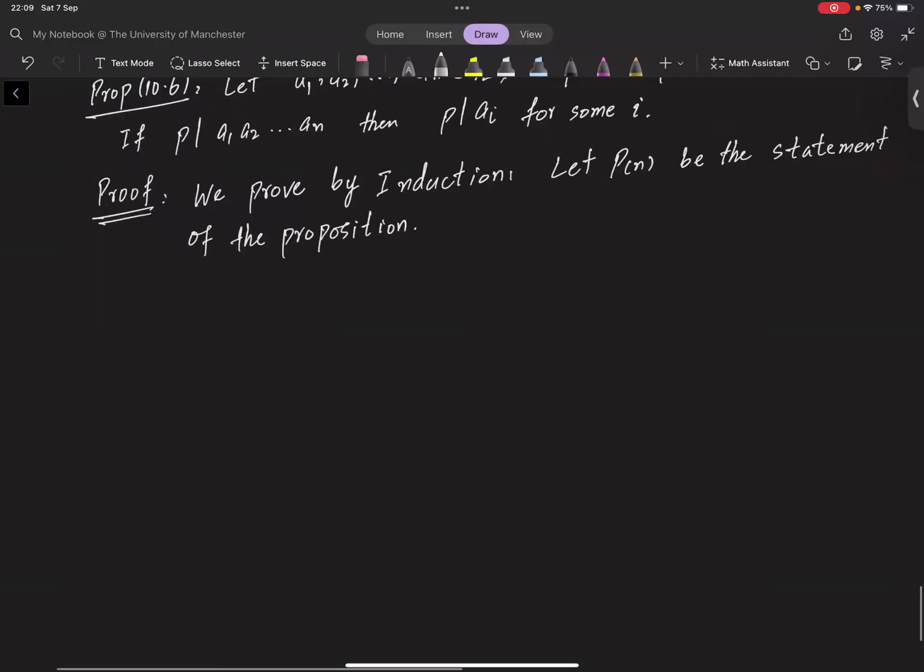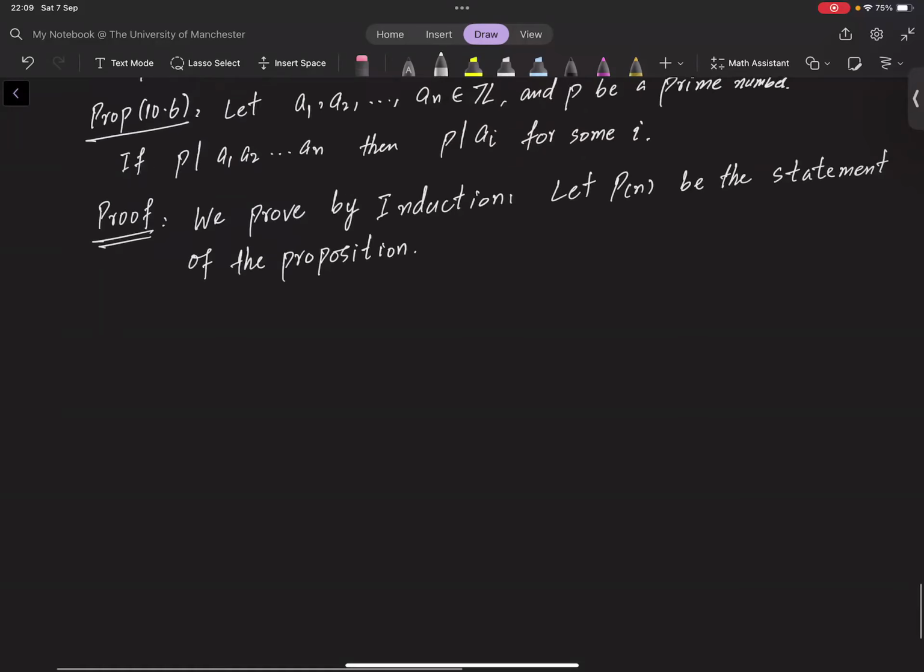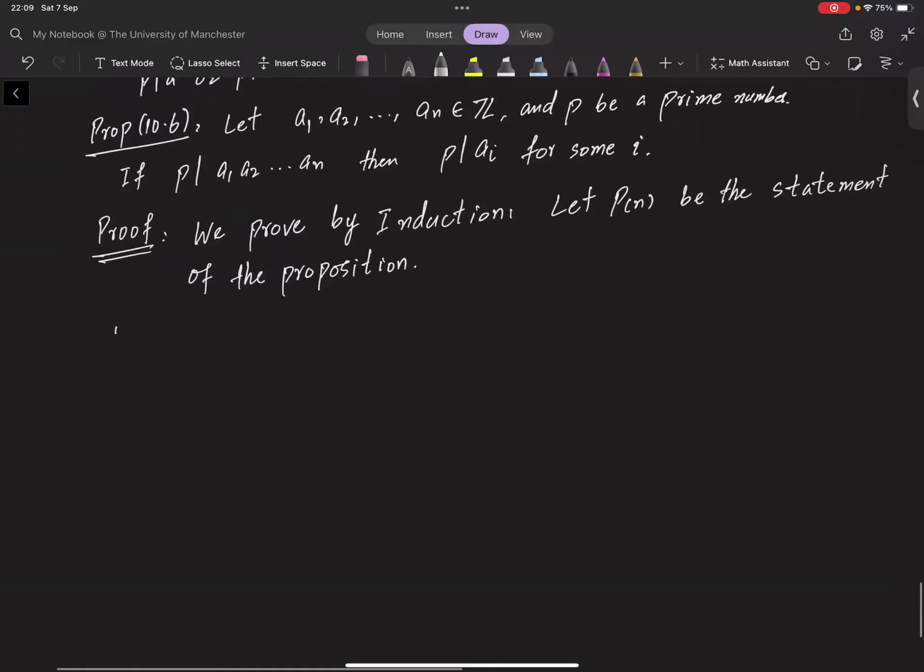Okay. So first we say P of 1 says that if P divides A1, then P divides A1, which is trivially true.